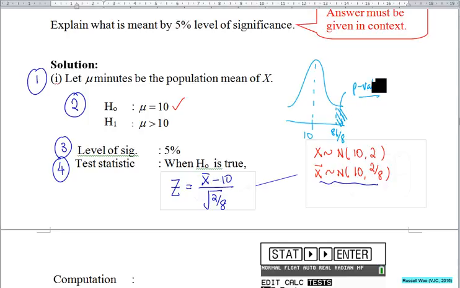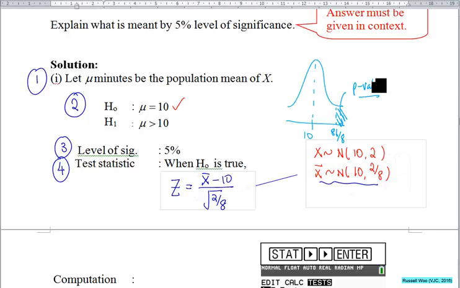The smaller the p-value means that the further this value is away from the mean, the more evidence you have against H naught. Make sense? Because it's very far away from the mean, therefore you reject H naught. So therefore, we use p-value. Of course, you can calculate p-value, because if this is true, you can use your GC to calculate probability x bar greater than 10.75. Now, I'm going to tell you that actually the GC can help us calculate.